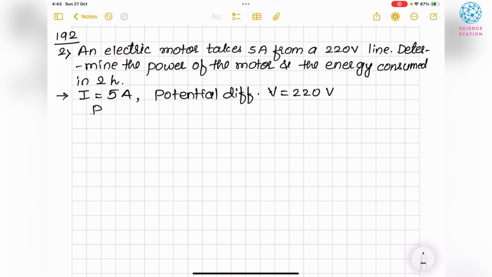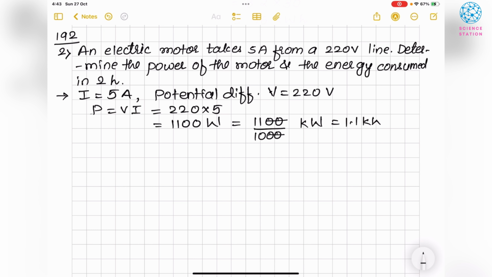So P will be equal to VI. That will be 220 into 5, so that will be 1100 watt, which will be equal to 1100 upon 1000 kilowatt. So that will be 1.1 kilowatt.